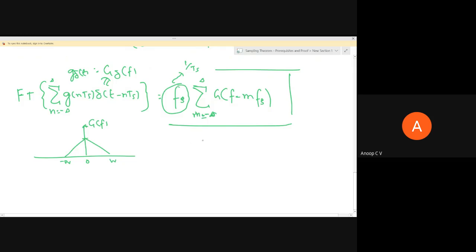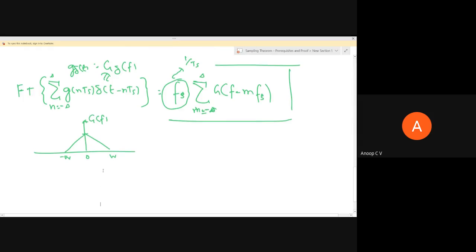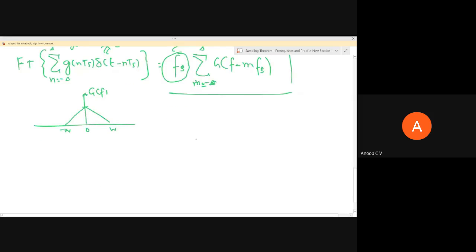We can represent the spectrum as follows. Initially, for m equal to 0, it will be g of f multiplied with fs.